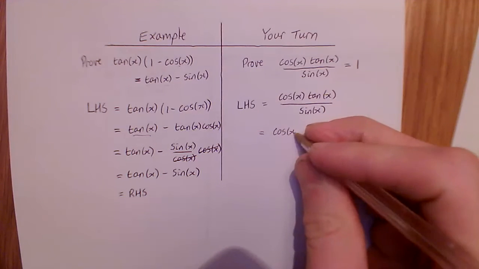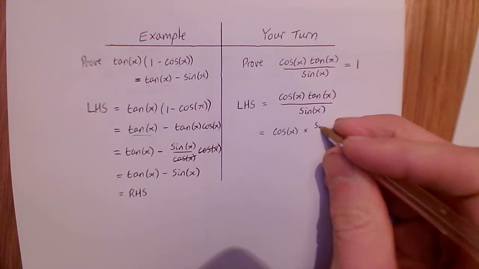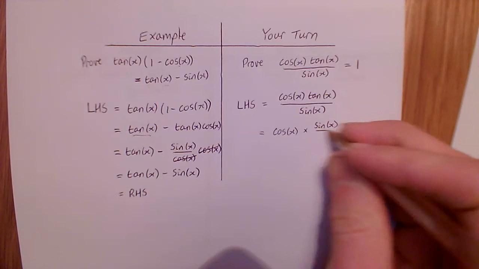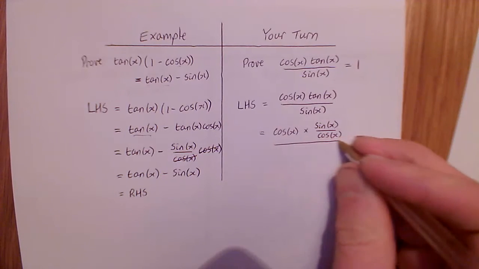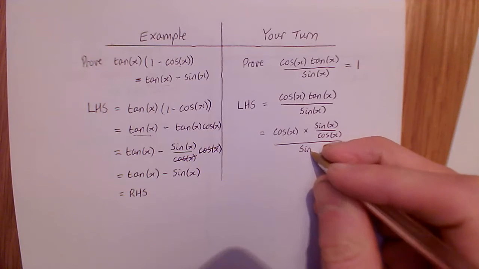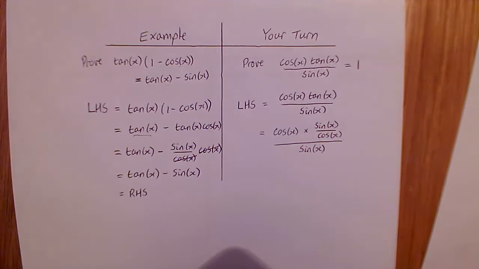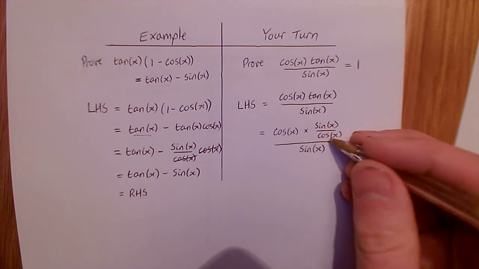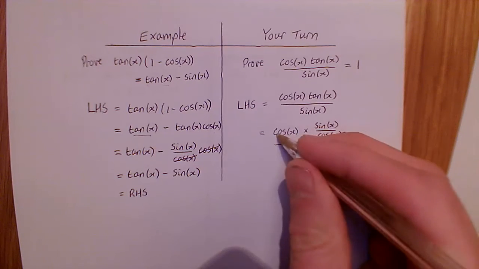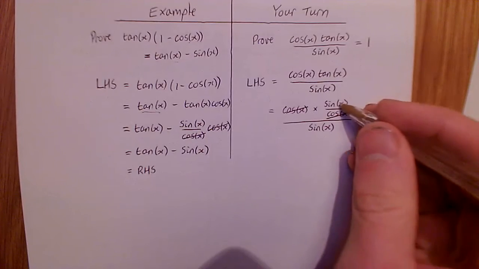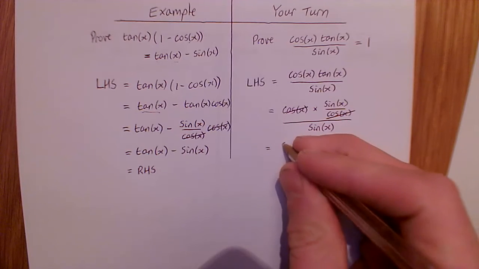That becomes cos x times sine x over cos x, because that's what tan is using our identity, all over sine x. Now again, we're going to use that trick with cancelling. So cos x times sine x over cos x, the cos x's cancel out. So we're just left with the sine x on the top line.